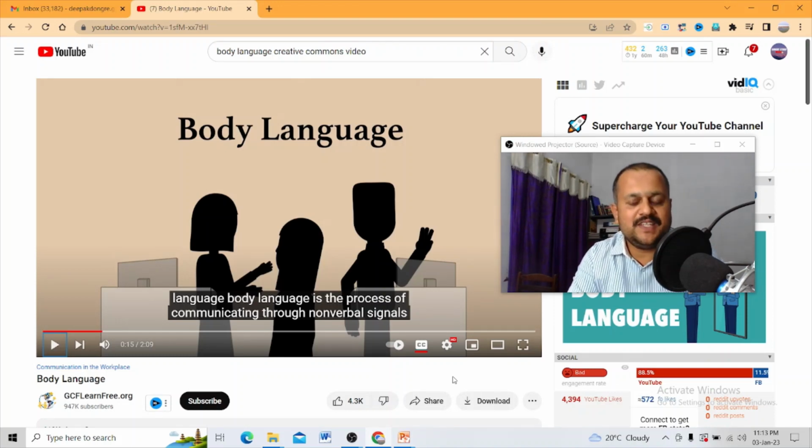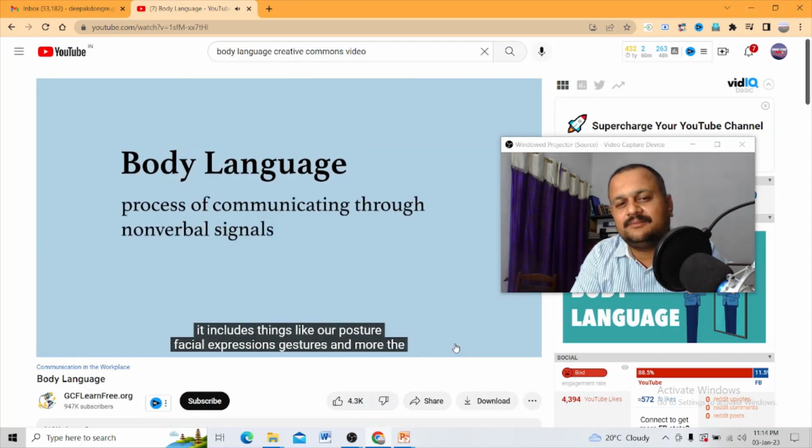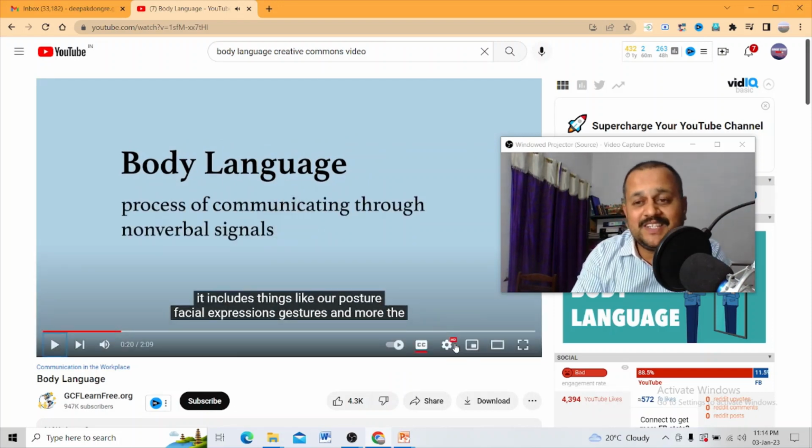Body language is something you make somebody else understand without the help of words. Without using words, you may mean something to others, and that is what is explained by body language. Body language is the process of communicating through nonverbal signals. So body language is communicating with others using nonverbal signals.